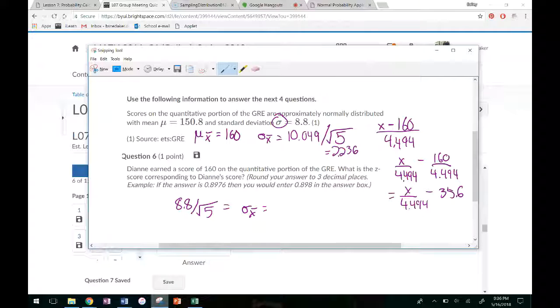Okay, hold on. Or what we could do is use the population mean as that value x. Just kind of switch it around. Then we have to find that.